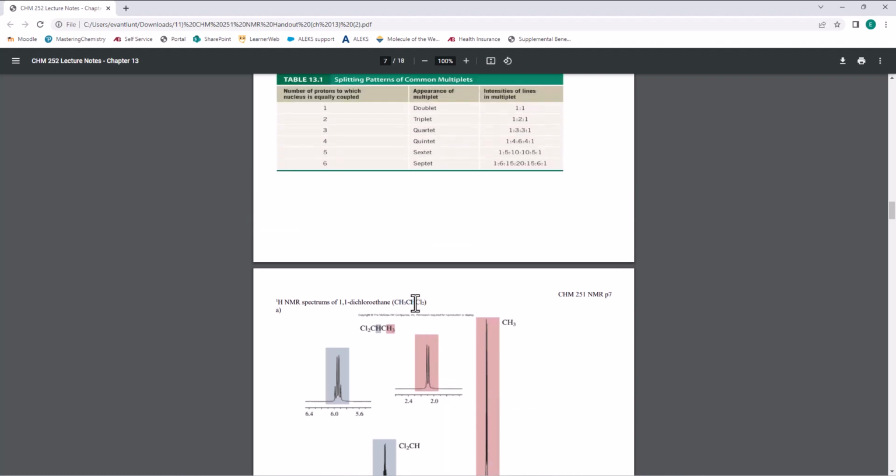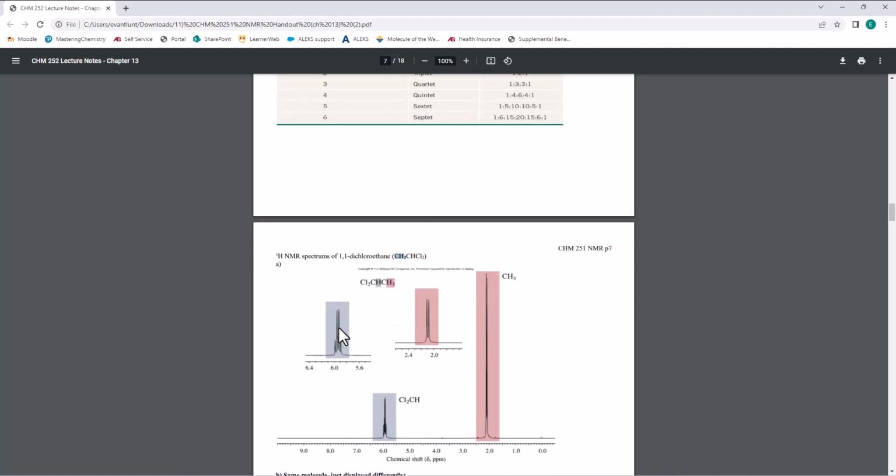If we look at this H, we should have a 1H integration because there's only one H with this type of chemical environment. And we're next to 3 H's, which should give us a quartet. What that looks like is something like this: a 1 to 3 to 3 to 1 ratio.